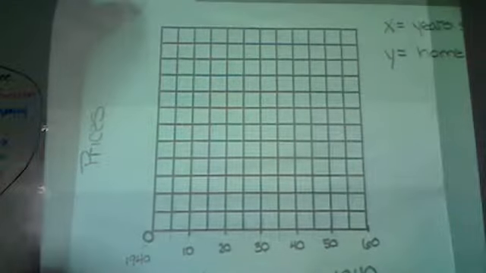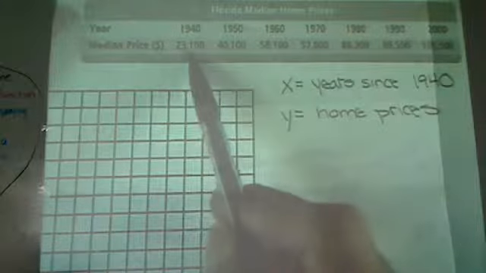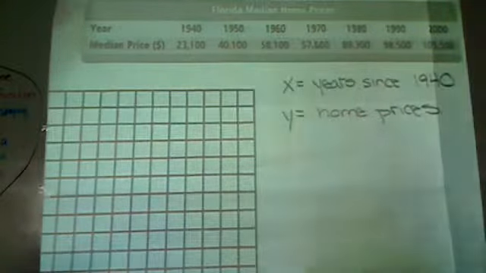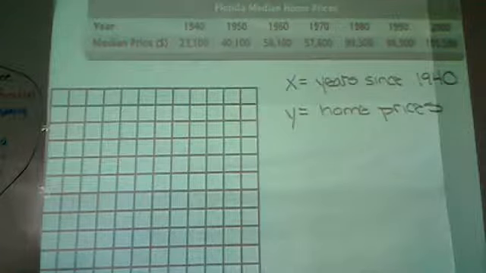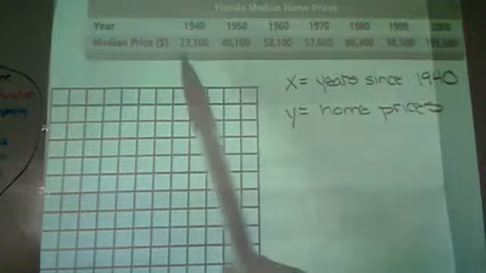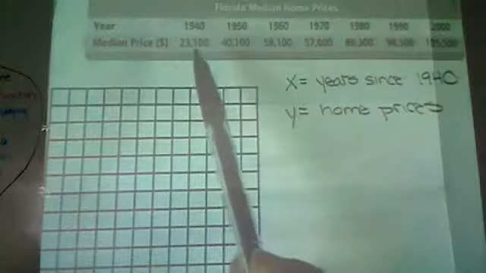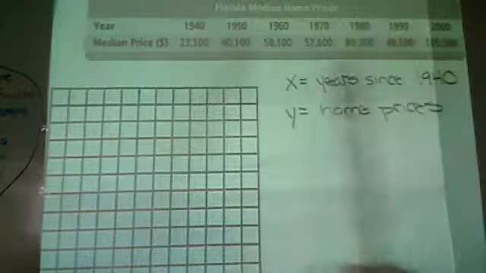Now let's look at our data for the prices. Notice we go from 23,000 to 105,000. I like to keep everything in either 5 or 10 intervals. So I think I'm going to start with 20,000 and then go up by 20,000 each time.